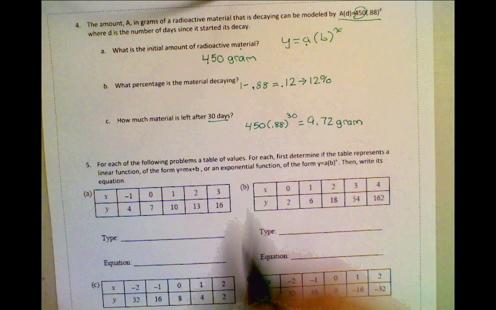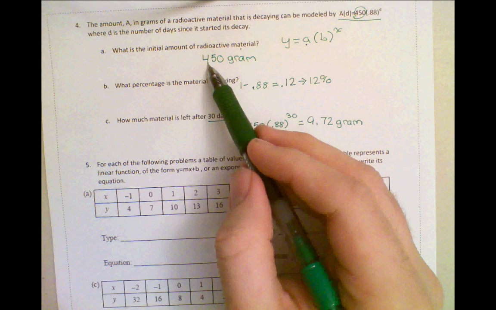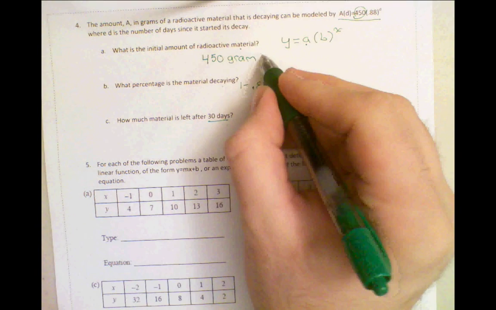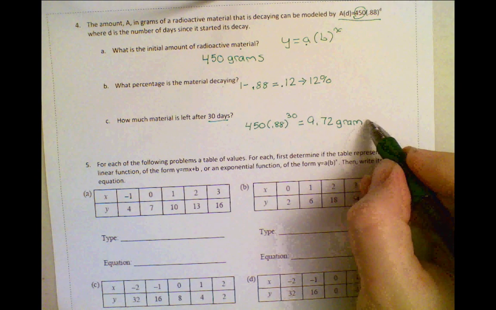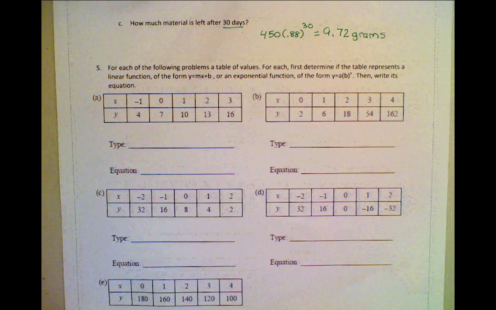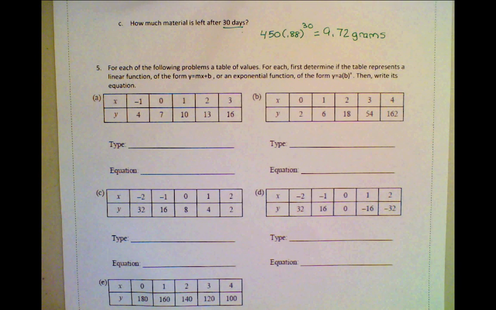So just 1 month after the material, we had 450 grams at the beginning. So I should change that to an ounce. Okay. Now we have 9.72 grams left. Now, this is the type of question that comes up sometimes on the Regents exam, and I will definitely be asking 1 or 2 of these on your quiz and test.